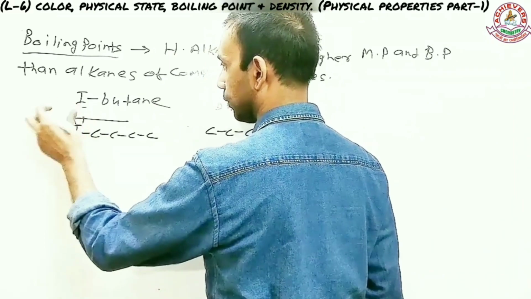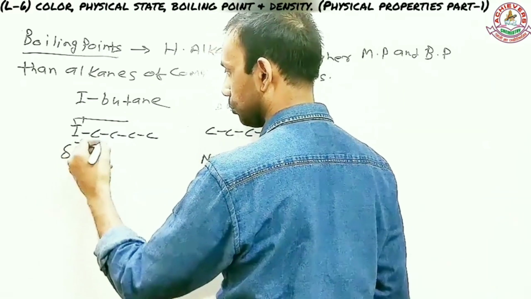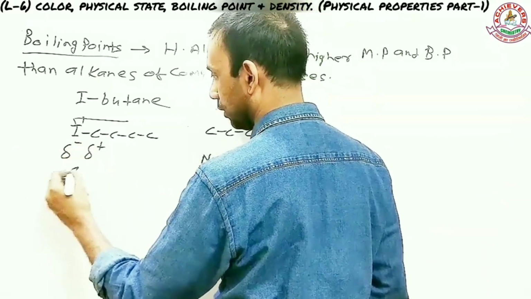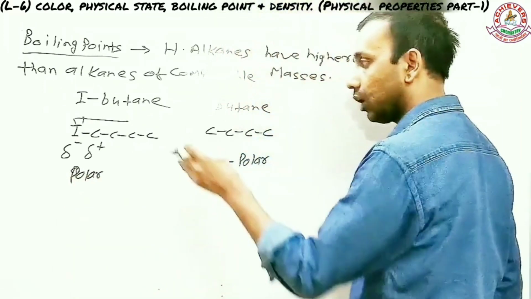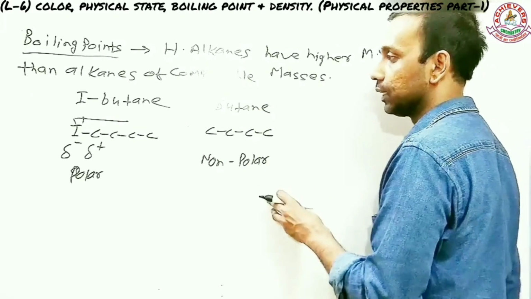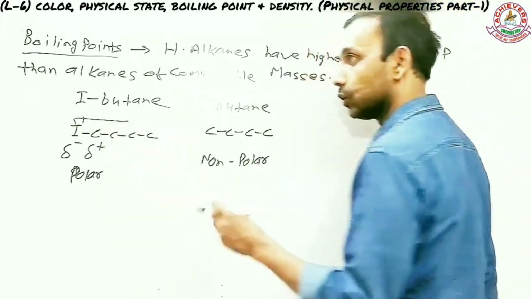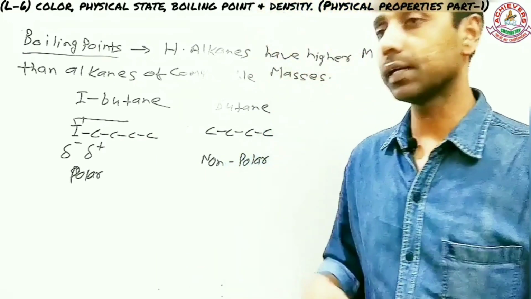Therefore, this one has a partial negative charge and this one has a partial positive charge. So these compounds are called polar.